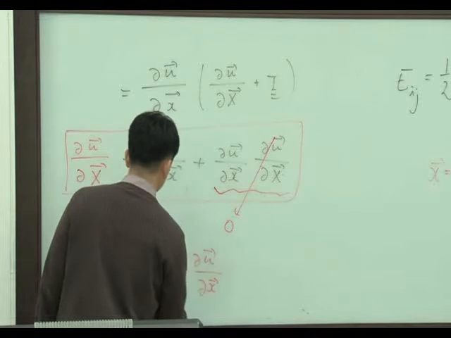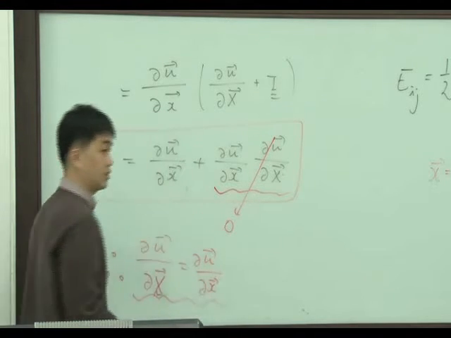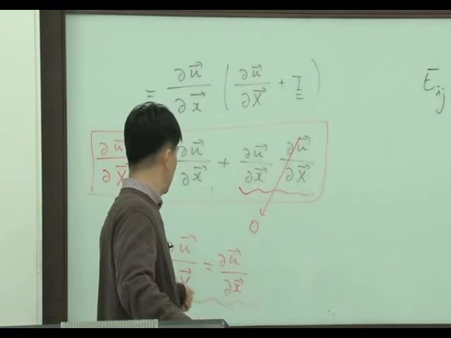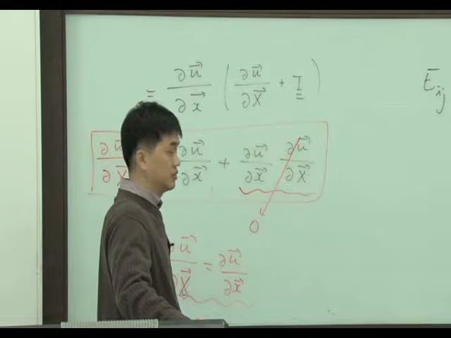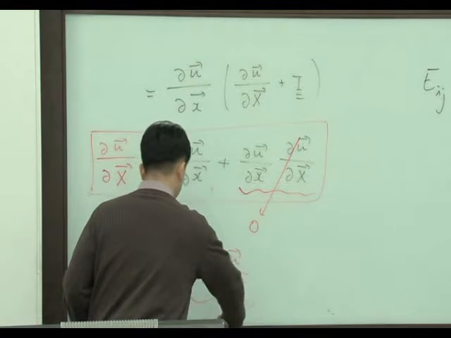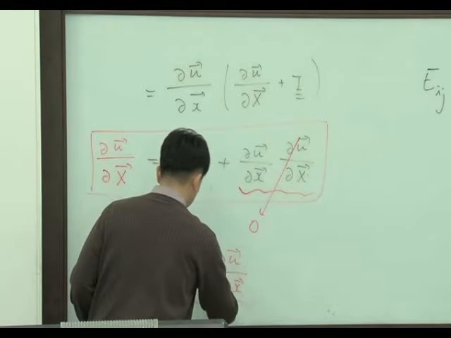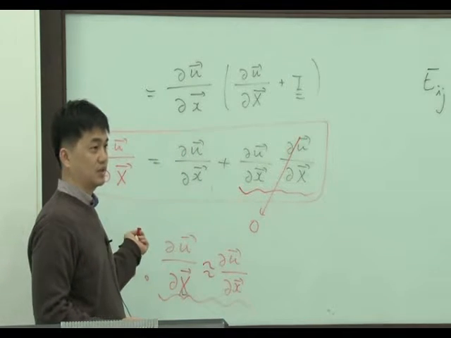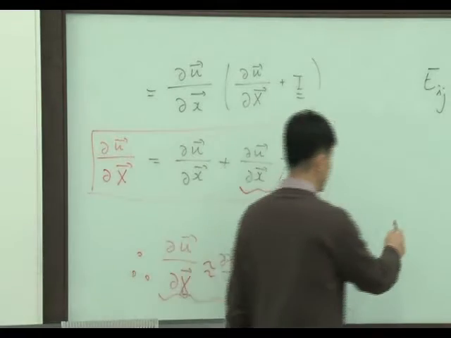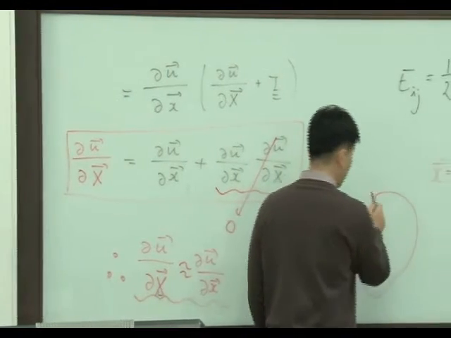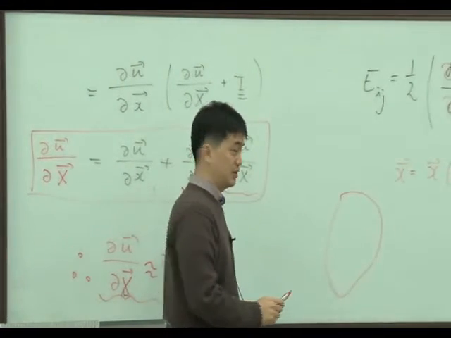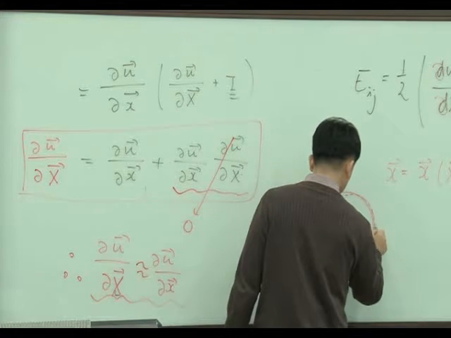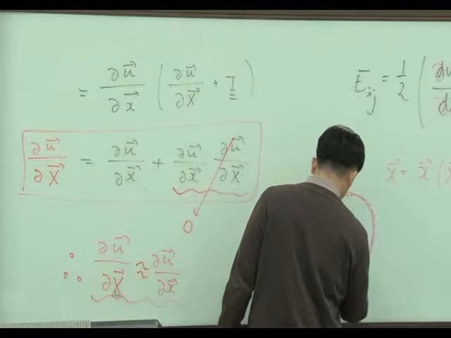In small deformation theory, we can use this relation. Let's say not the same, actually similar. Yeah, this is physically correct. This is your original configuration. Okay? In small deformation theory, there is a very, very small deformation here.